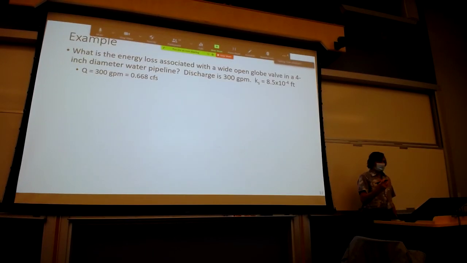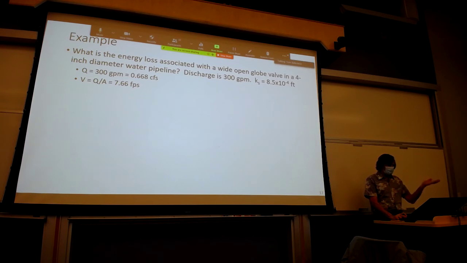So we have a discharge of 300 gallons per minute, and again, with all of our equations in BG, we typically use pound, foot, seconds. So 300 gallons per minute is 0.668 cubic feet per second. The velocity is discharge over area, so we've got a 4-inch diameter pipe.